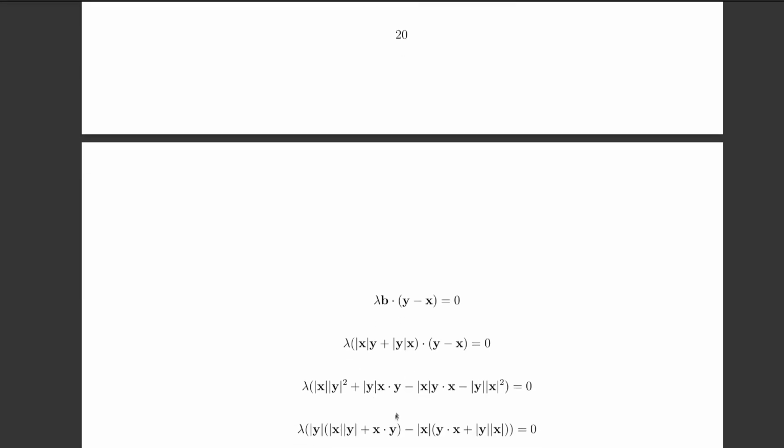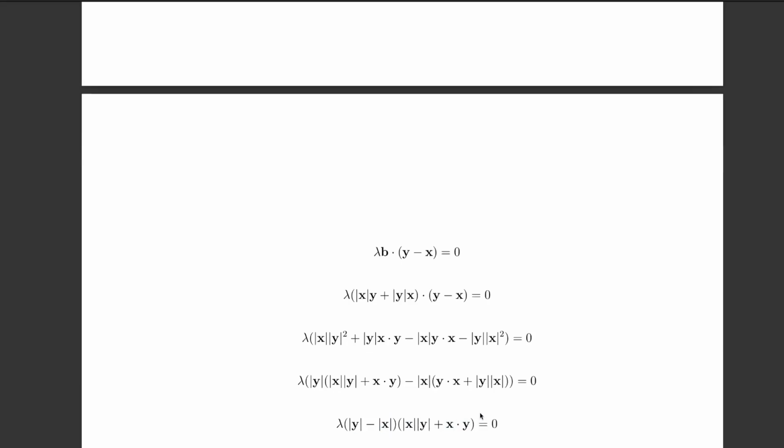So if you group them up like these, where we factorize out y in these terms, and then we factorize out x in this term, you'll get this, and the inside of these two are the same, right? So you can just factorize out this to get something like this.